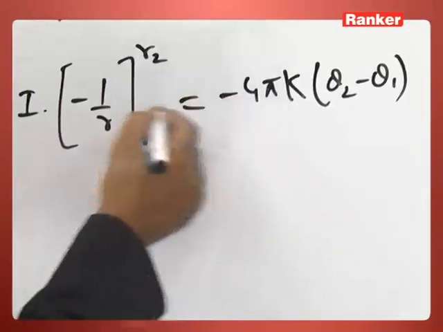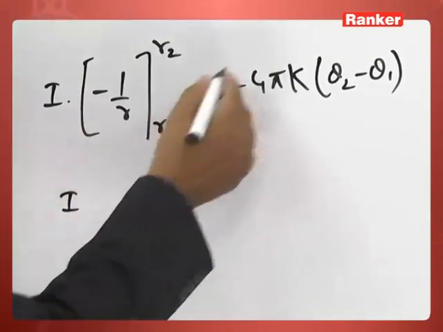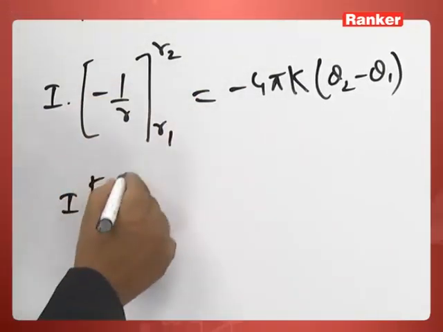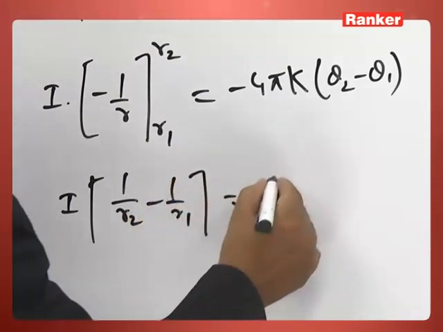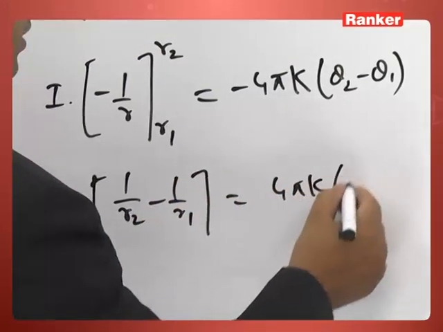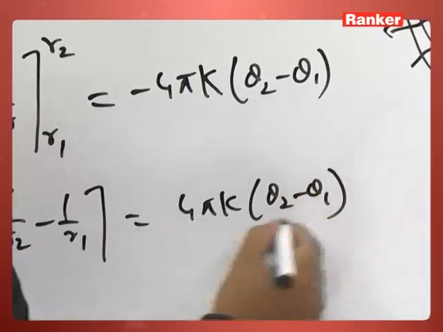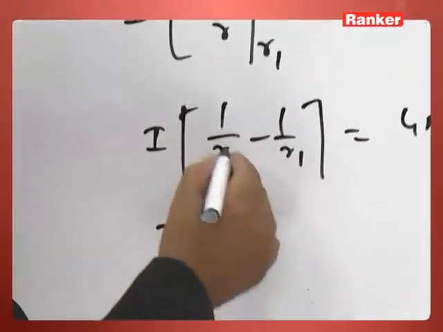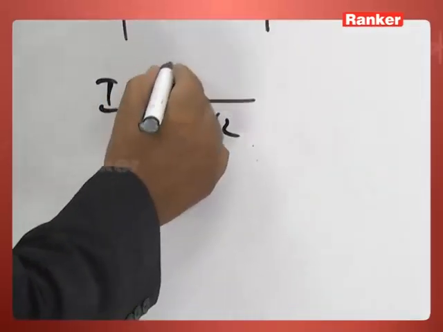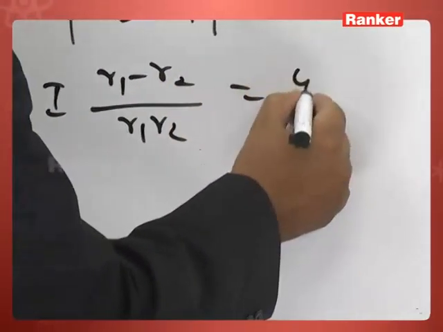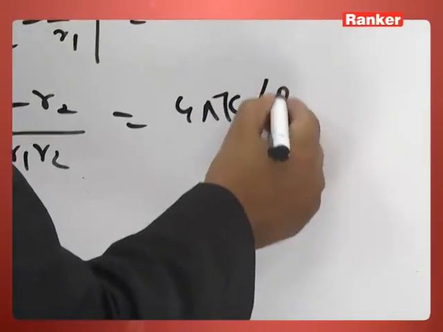Again you can take out the minus. So, it will be 1 by r2 minus 1 by r1 equals 4 pi k theta 2 minus theta 1. So, this is again r1 r2 in the denominator, and the numerator is r1 minus r2, equals 4 pi k theta 2 minus theta 1.